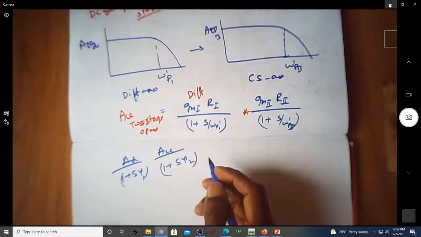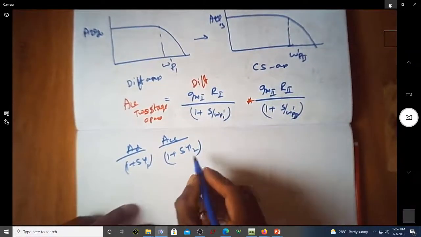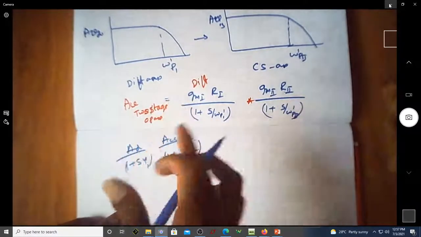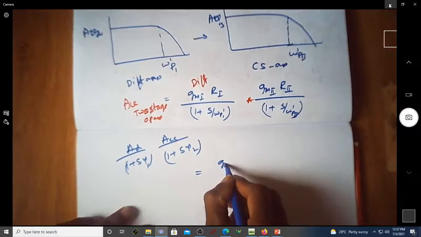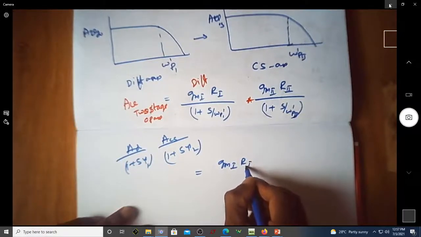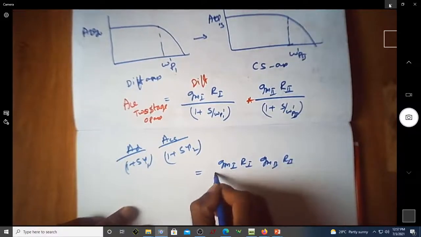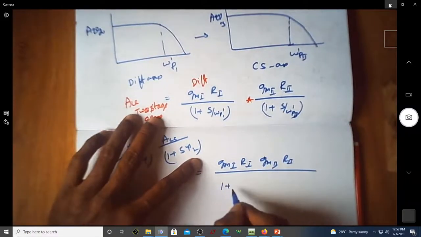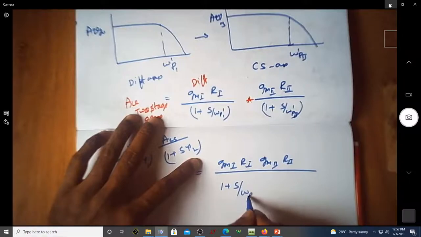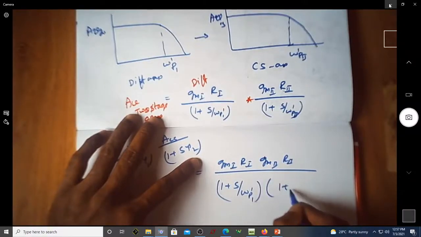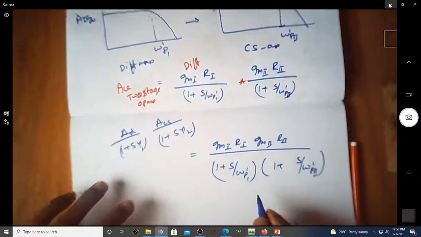So naturally, what is the overall frequency response? What is the overall transfer function? Now it is gm1 R1 gm2 R2 divided by (1 plus S by omega P1 dash) and (1 plus S by omega P2 dash).